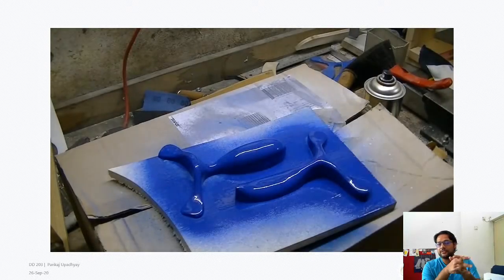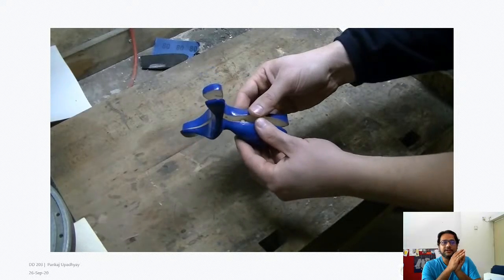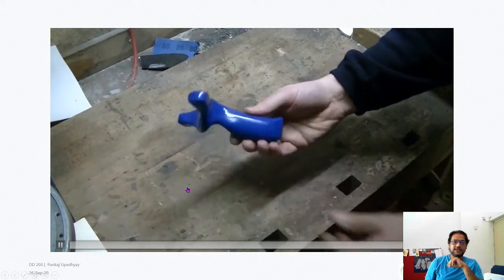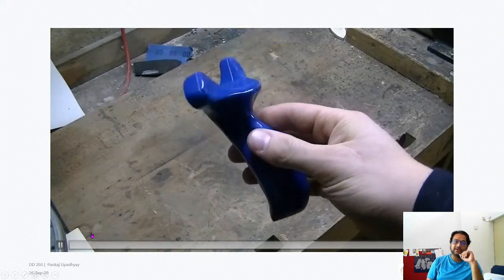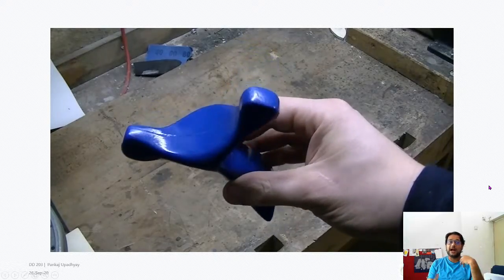This kind of spray painting gives a really good surface finish, right? So that is just the making of the pattern. Once this pattern is ready, you can go to casting.